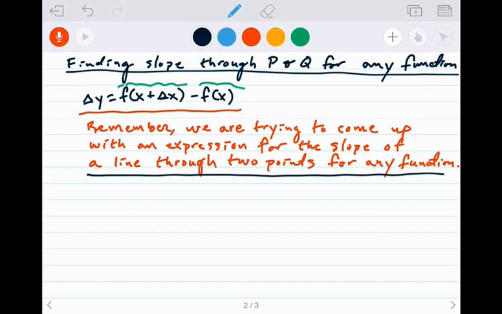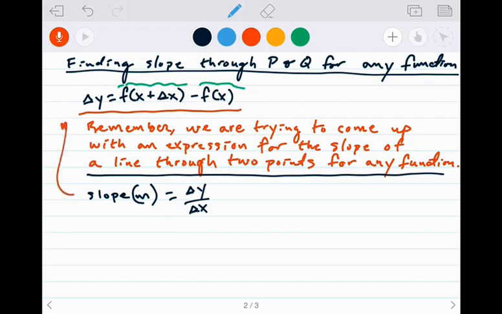Let's start with the basic slope. M, which we always use to represent slope, is equal to delta y over delta x. Rise over run.